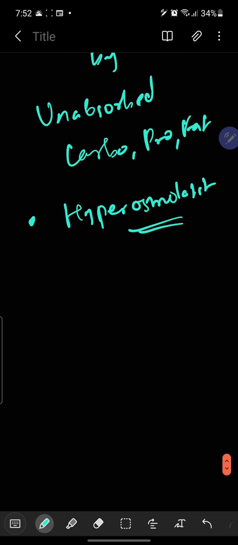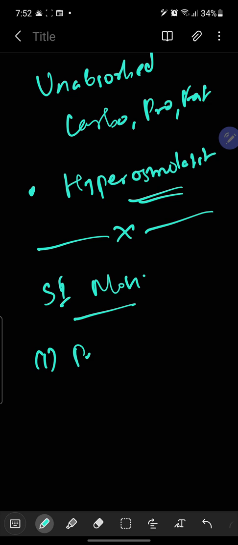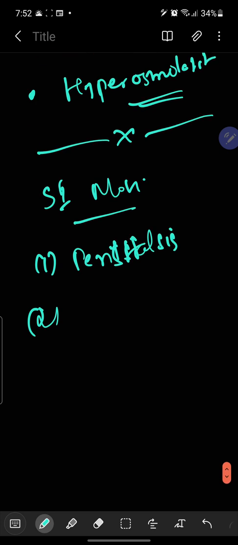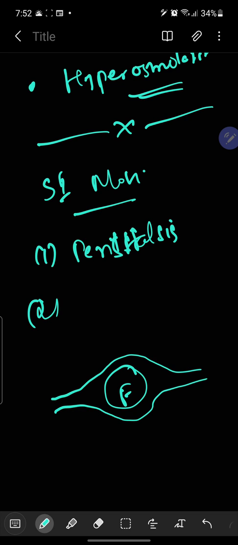Now coming on to small intestinal motility. When food reaches the small intestine, there will be peristalsis. Apart from that, with the food reaching the small intestine, the proximal part and the distal part will both be in the contracted state.